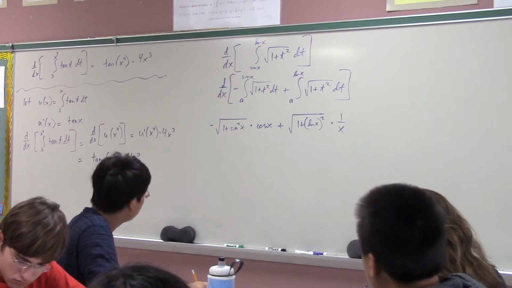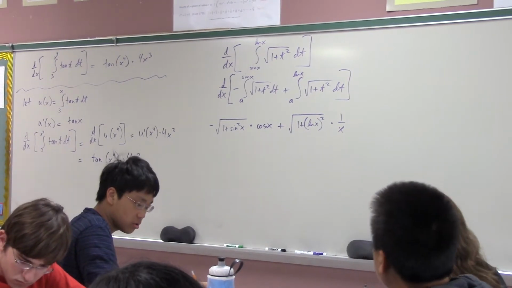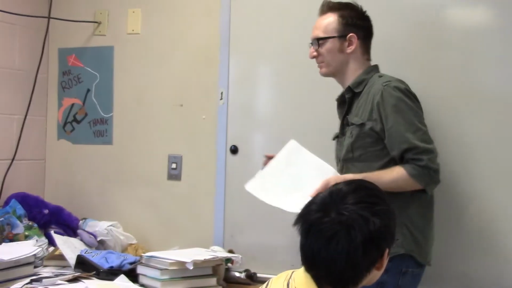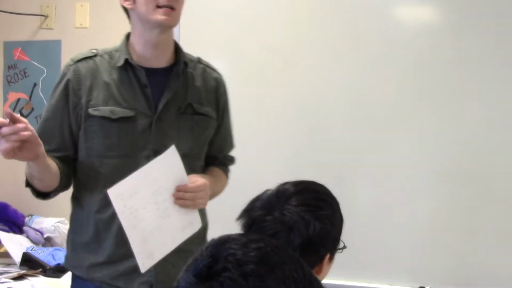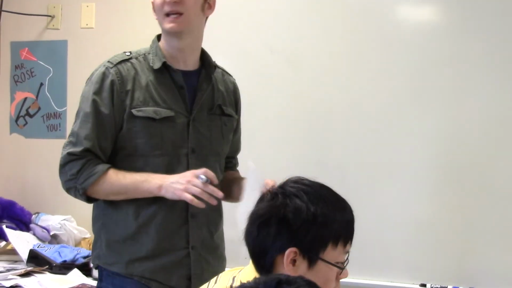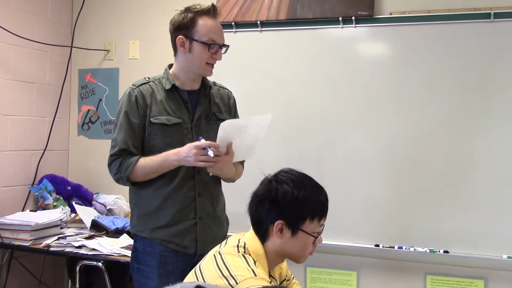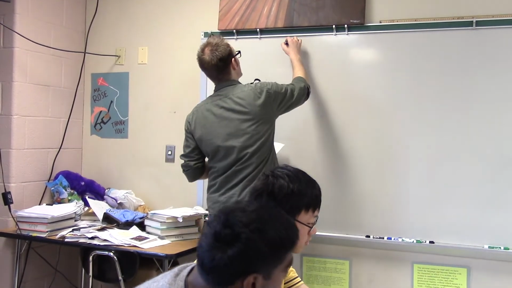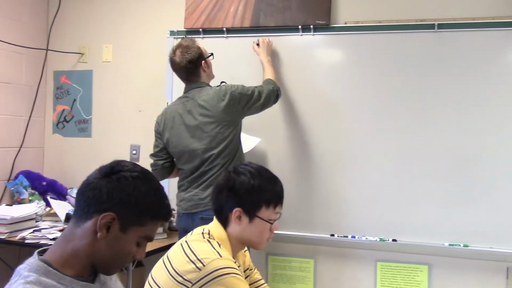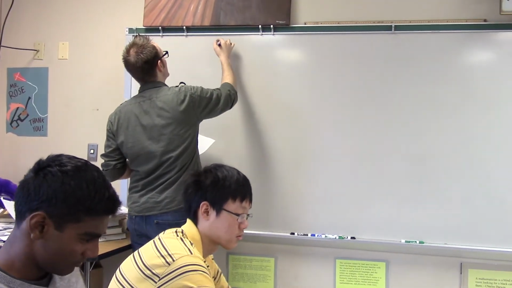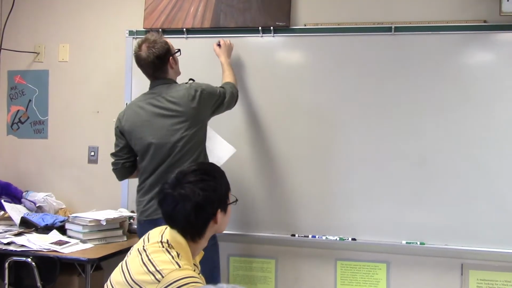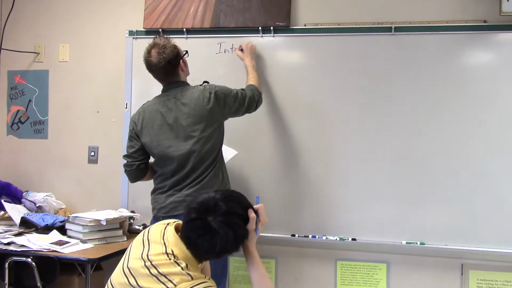Alright, now comes something that is really important. All the integrals that you had to do last night were obviously easy because of the fundamental theorem of calculus, but you may have noticed they were giving you really easy integrals. What happens now if they give you hard integrals? What I want to talk about right now is integration by substitution.